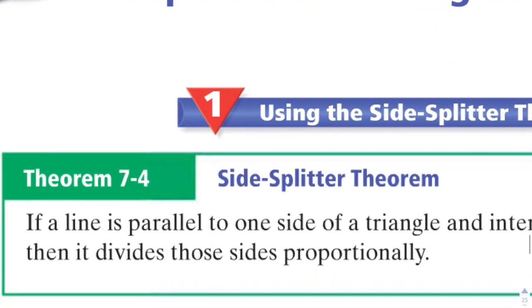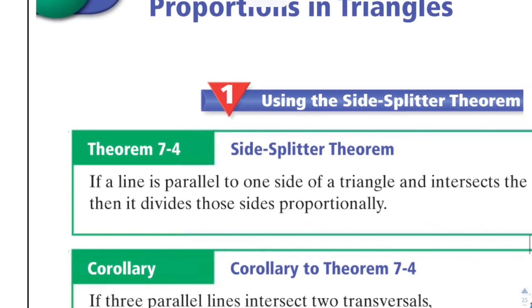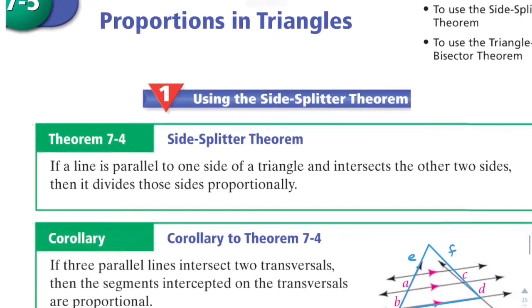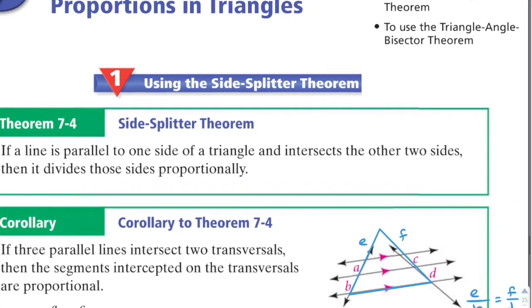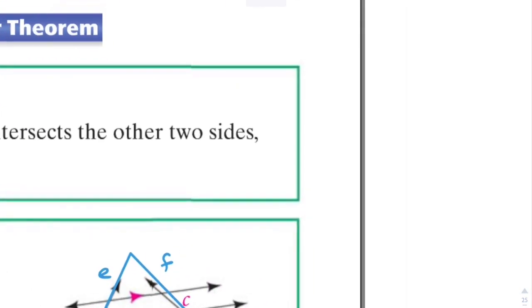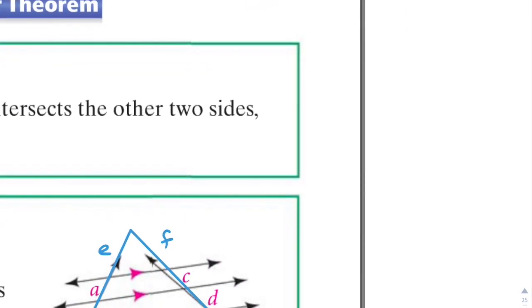Okay. Remember, the side splitter theorem now says that if we do have a line that is parallel to one side of a triangle and intersects the other two sides, then it divides those sides proportionally. I'm going to draw a little diagram of what that means. I have the ability to make nice parallel lines here.